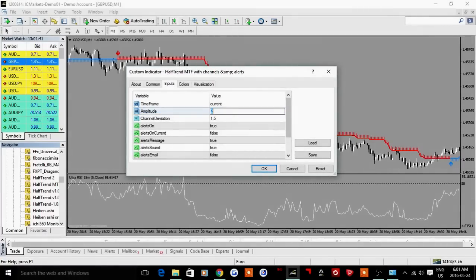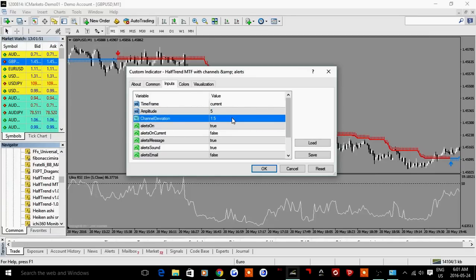So I will put the 15 as we had the 15 or 5 actually, and then this channel deviation is subjective. I would use 2 or 1.5 on pairs which are not moving a lot, which don't have too many spikes, which would be EURUSD or major pairs, right?